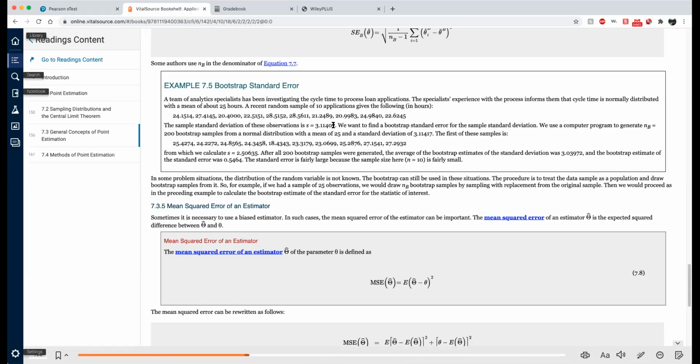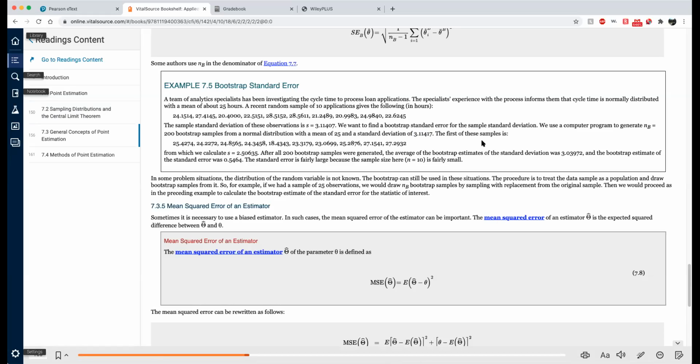Okay. All right. So now we know the f of x, right? The PDF, because the problem says that we used the population, sorry, we used the problem size to generate the bootstrap sample from a normal distribution. Right, normal distribution. So we know the PDF of normal distribution. We learned it, right?